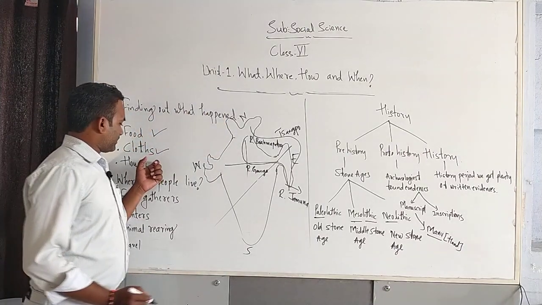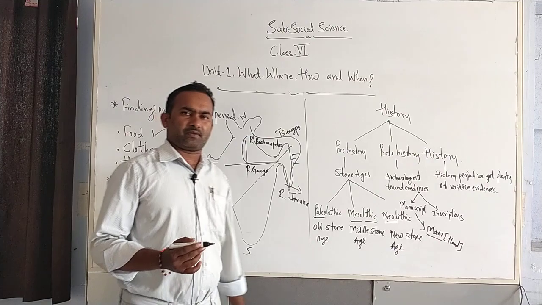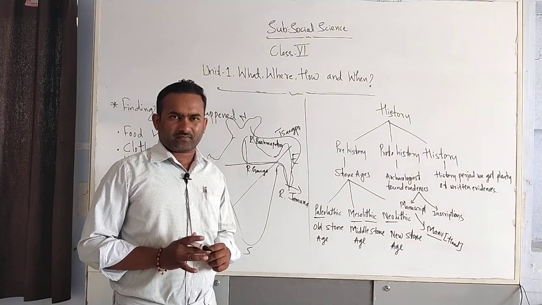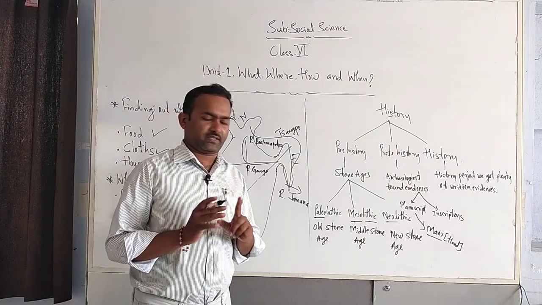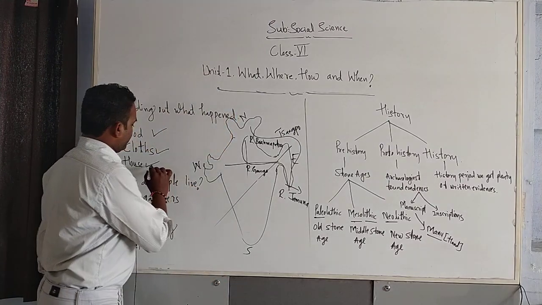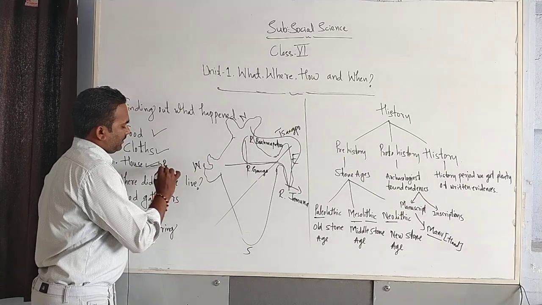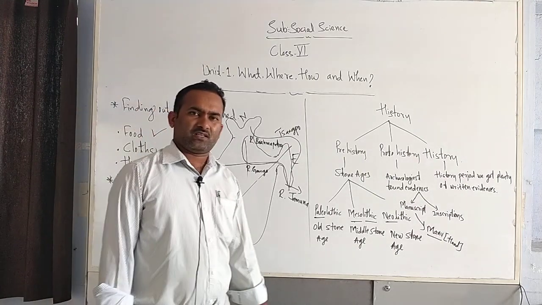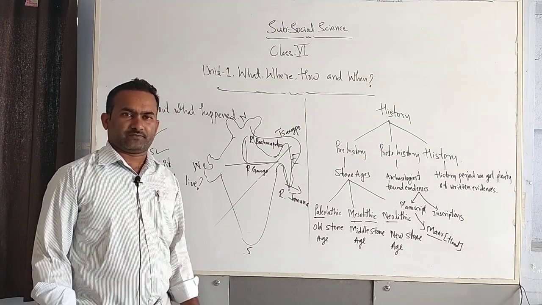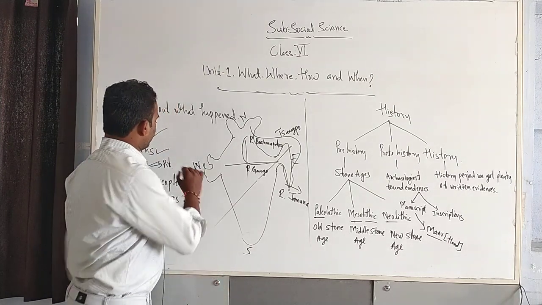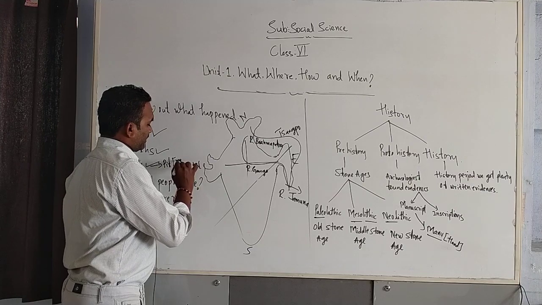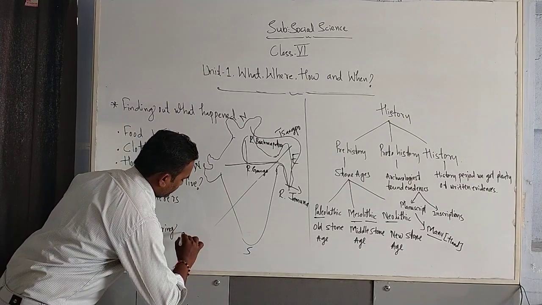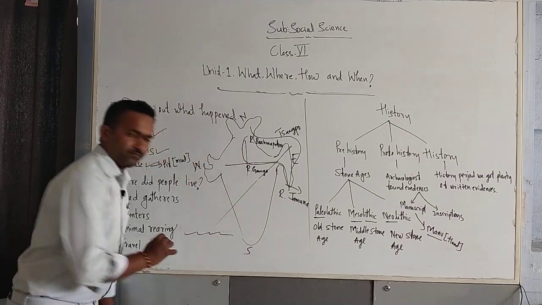It is houses. Where did people stay? Which type of houses were the people using? Ancient time, people were using pit houses. What is a pit house? A pit house is made with mud. Otherwise we can also call it a mud house. Let me give you an example.